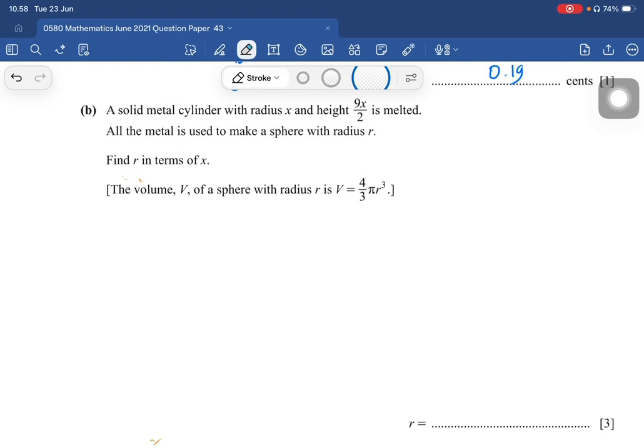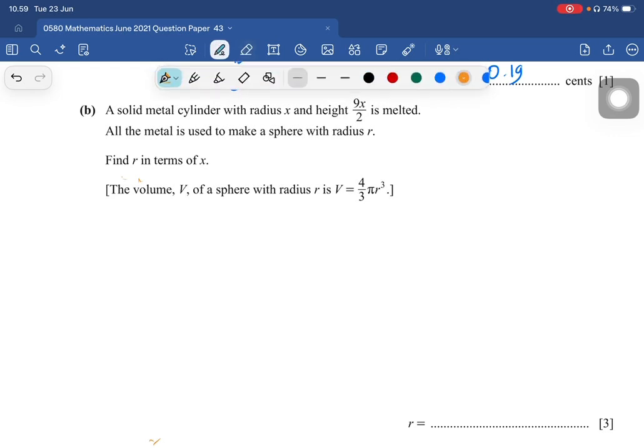A solid metal cylinder with radius x and height 9x over 2 is melted. All the metal is used to make a sphere with radius r. We need to find r in terms of x. So this is the volume of the cylinder: pi multiplied by r squared h.